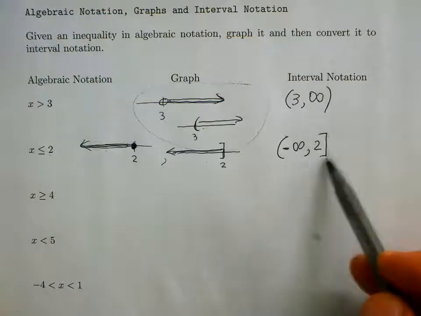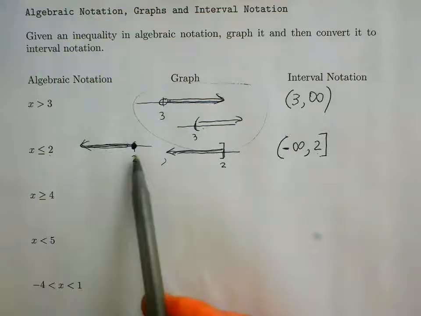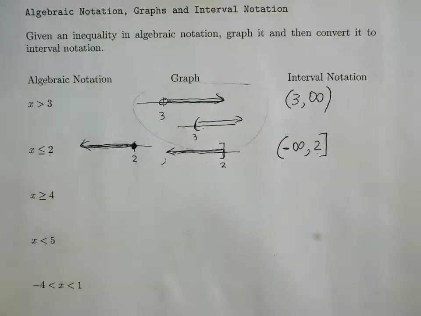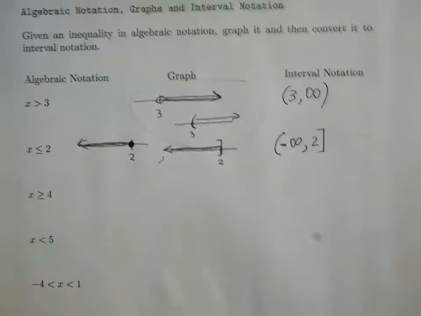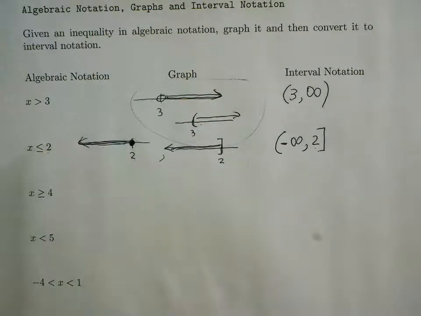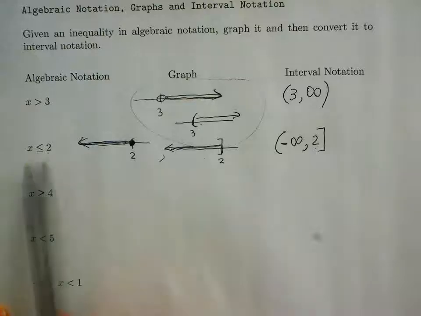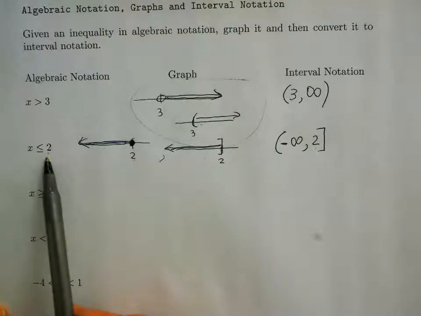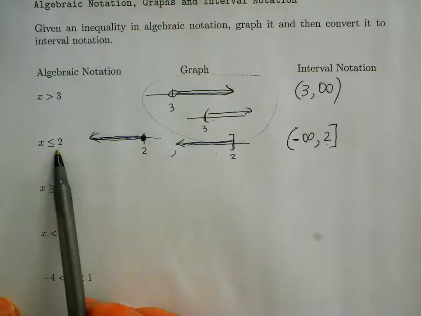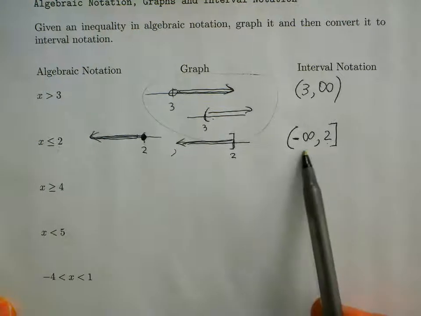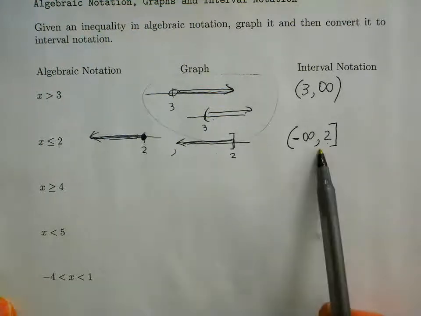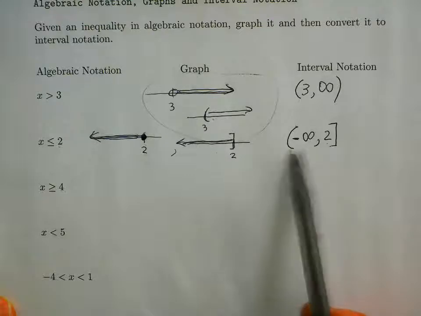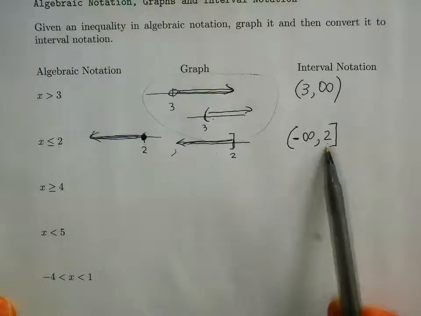The bracket next to the 2 indicates that 2 is included in the set. That's what the "or equal to 2" part gives us. Okay, so x is less than or equal to 2. That's the algebraic notation. And it means exactly the same thing as this interval notation, the set of numbers from negative infinity to 2, including 2.